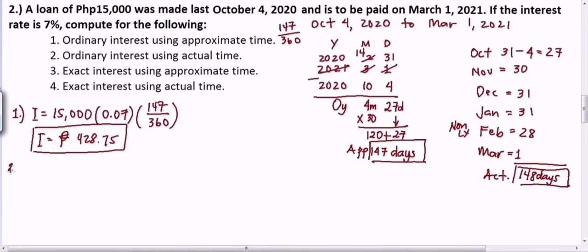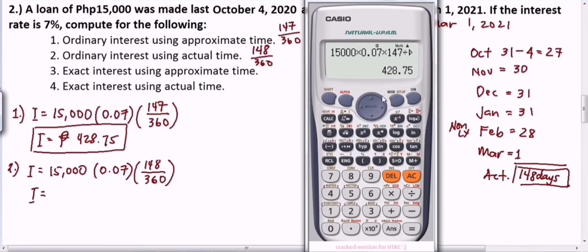Okay, number 2. So, ordinary interest pa rin, ibig sabihin, over 360 pa rin, pero using actual time. So, ang numerator ko na ay yung actual time, which is 148. So, same P, and then R, and then 148 actual time over 360 ordinary interest.